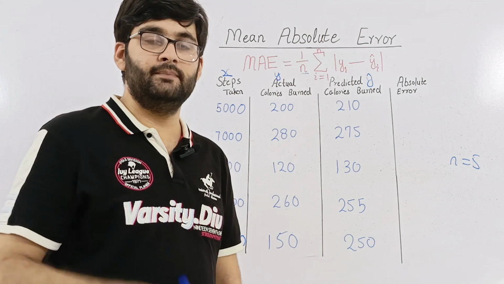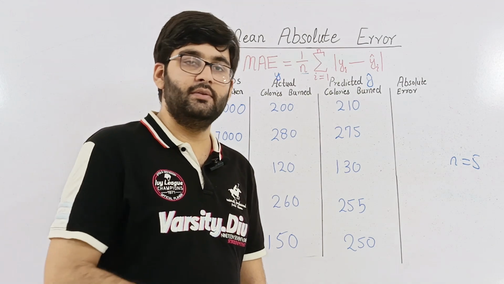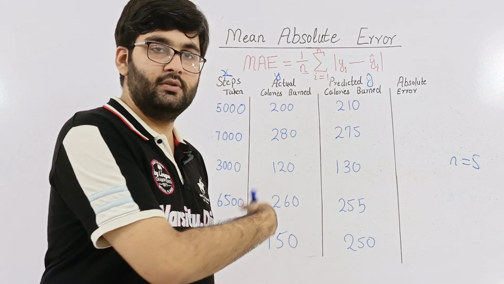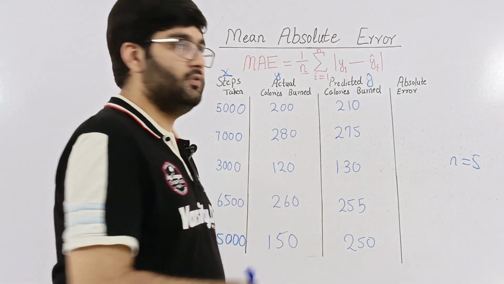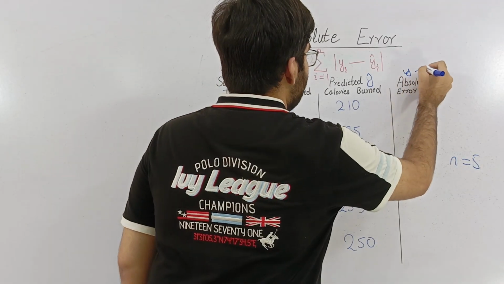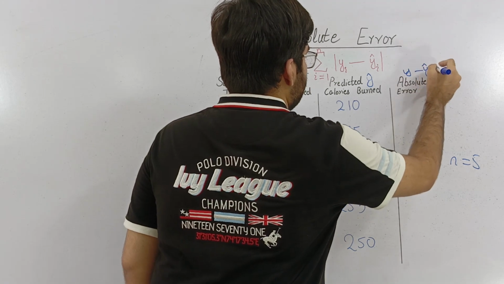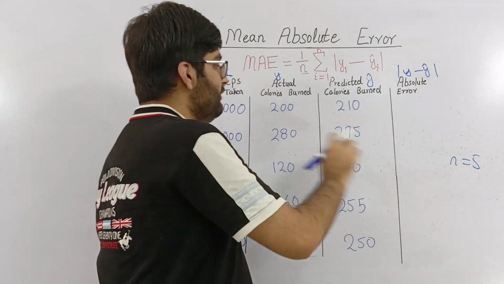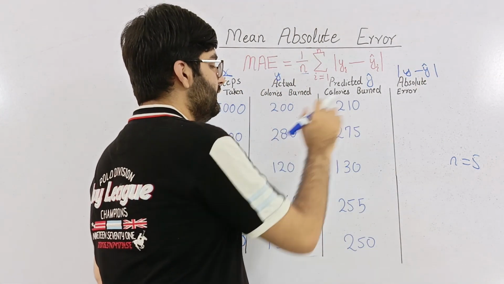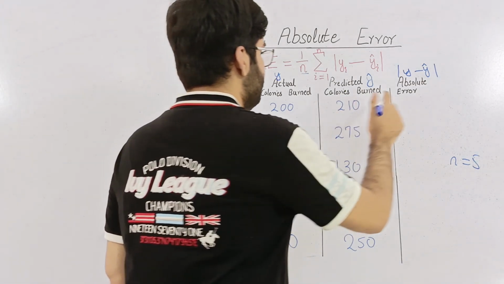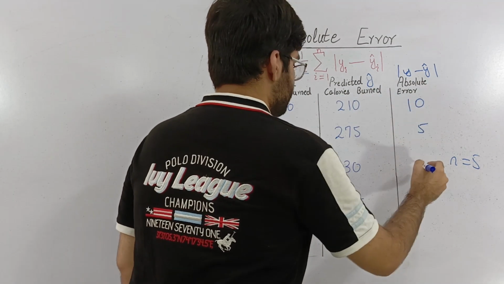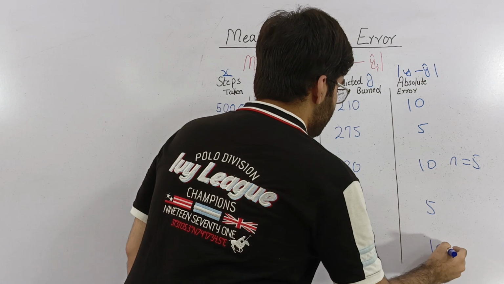So I will now calculate the mean absolute error for this data set. So let's see. The absolute error is represented by this. It is actually the difference between this and this, the absolute difference, which is 10, 5, 10, 5 and 100.